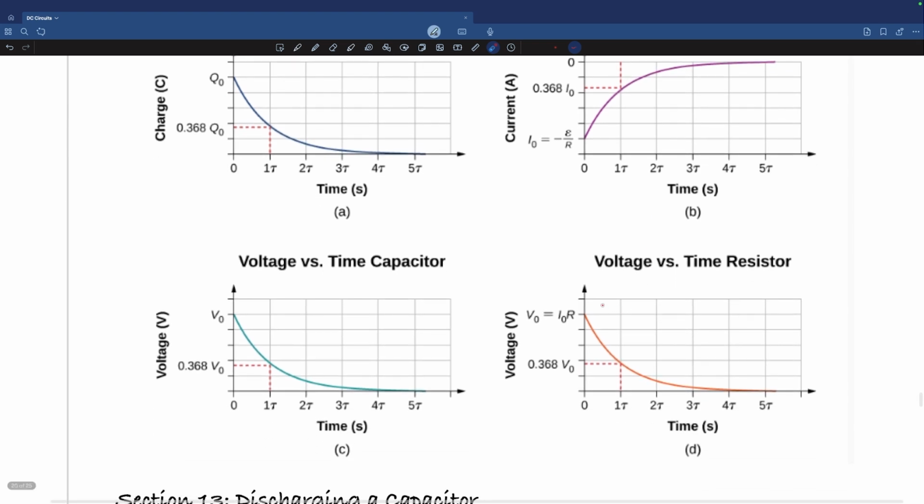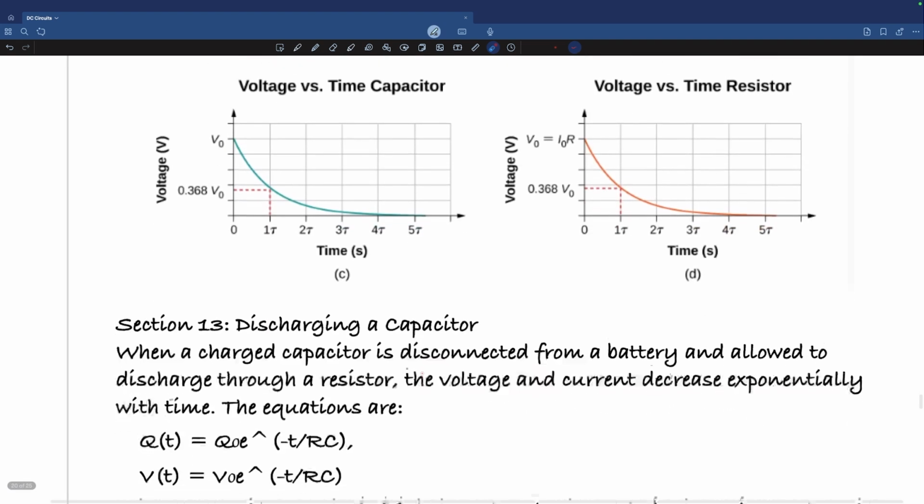But you should notice that the voltage across the resistor has the same fall as that of the capacitor, because the voltage is given by the capacitor, and that's discharging. So there's no more potential, there's no more voltage. So it decreases both across the capacitor and the resistor.